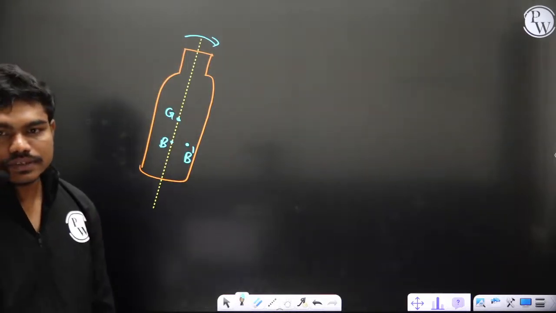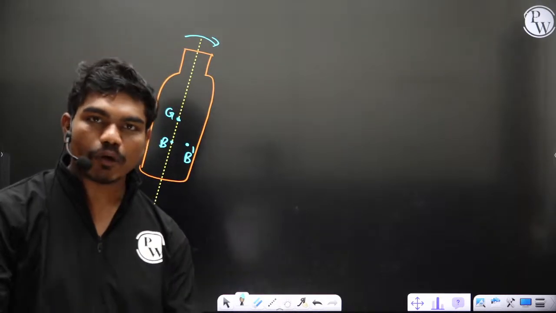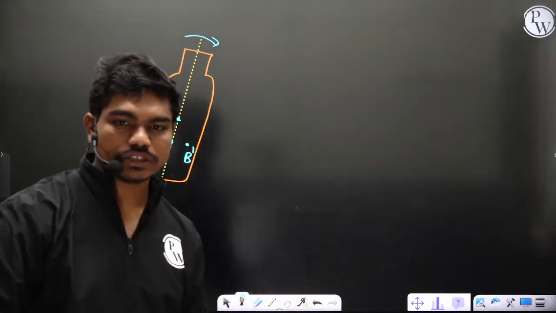In which cases will buoyancy forces be along the axis? If the body is in a vertical condition, that's it. In case of static fluid, if the body is vertical, then definitely buoyancy will also be along the axis.